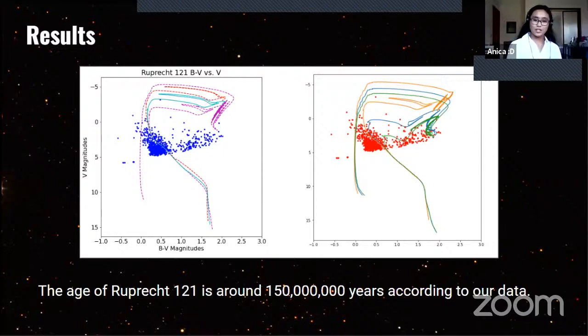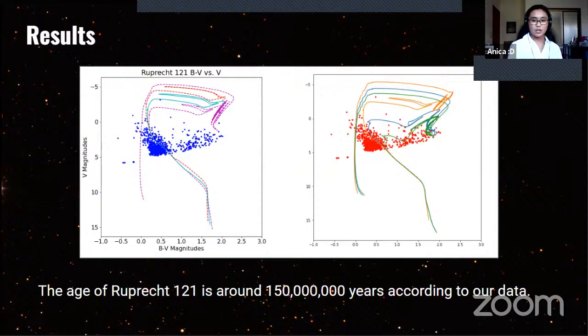Okay, so as you can see here, these are our data points, and we plotted a bunch of isochrones over that. On the x-axis is the B minus V, or blue minus green magnitudes. This basically gives us your mass. And on the y-axis is the V magnitudes, which is one band, and this gives us the brightness.